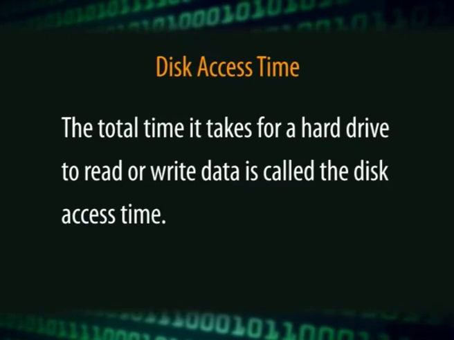Because of their sophisticated mechanical design, the magnetic disks spin at a rate of 5400 to 15,000 revolutions per minute. This high speed of revolution provides fast access to data. The total time it takes for a hard drive to read or write data is called the disk access time and requires the following 3 steps.